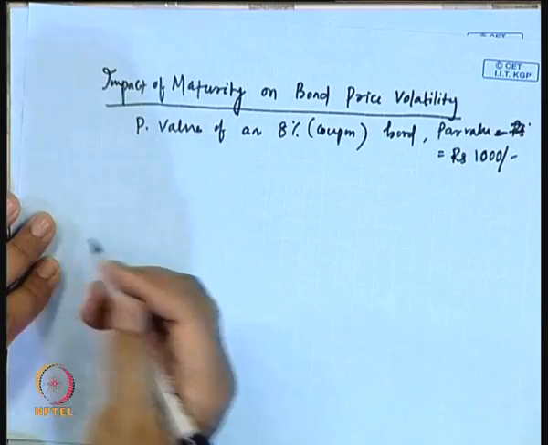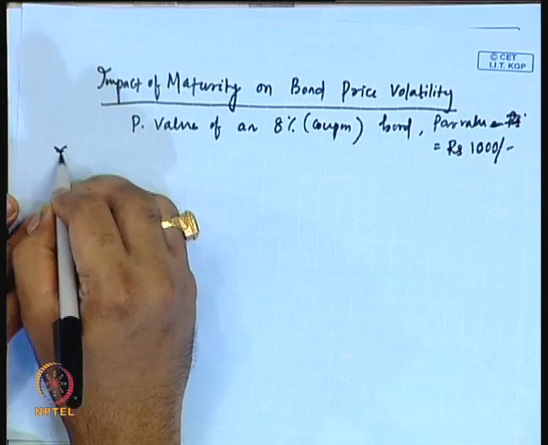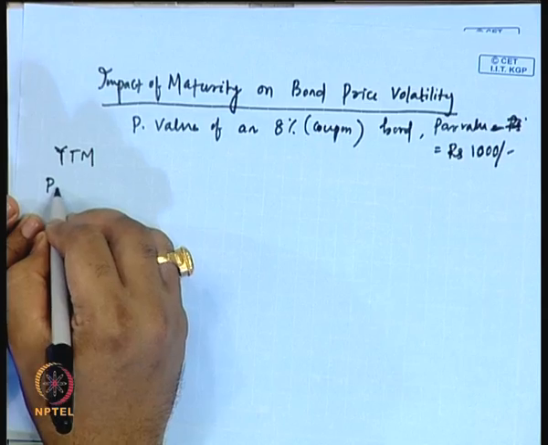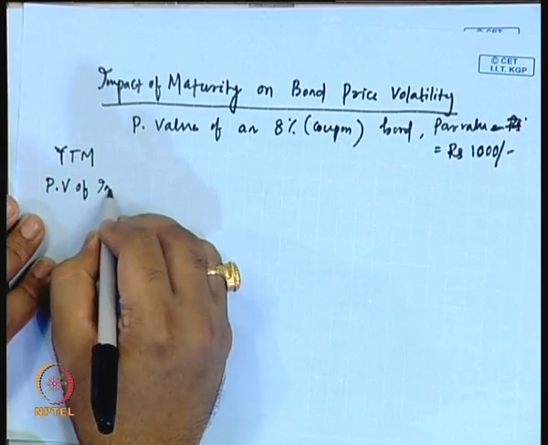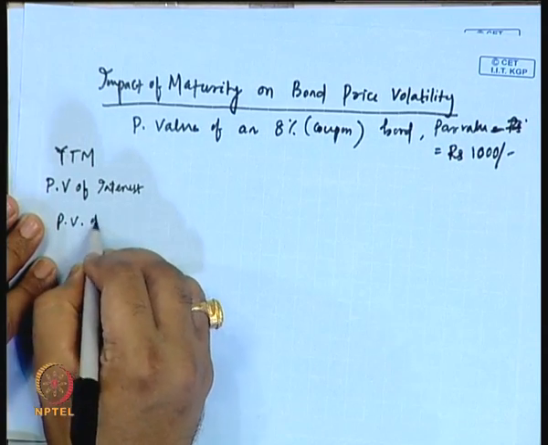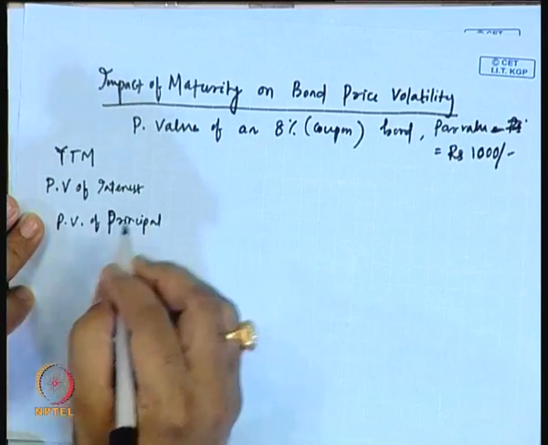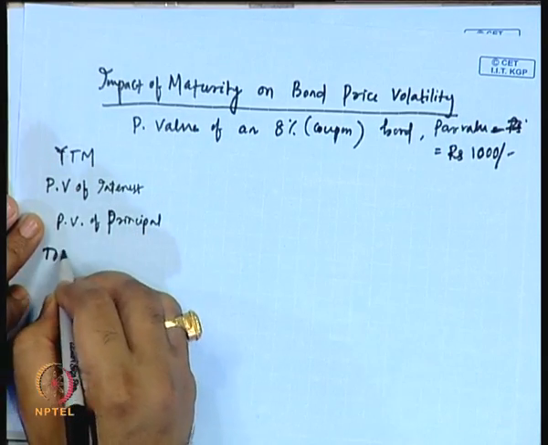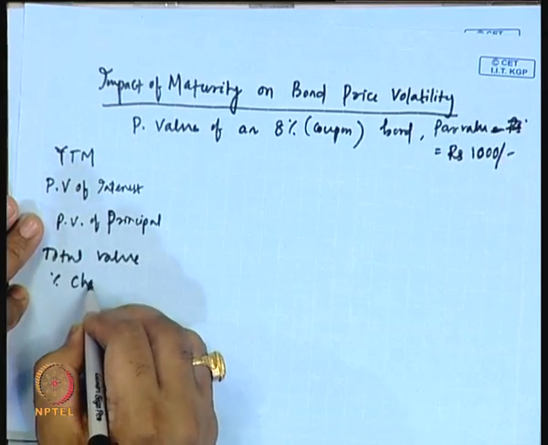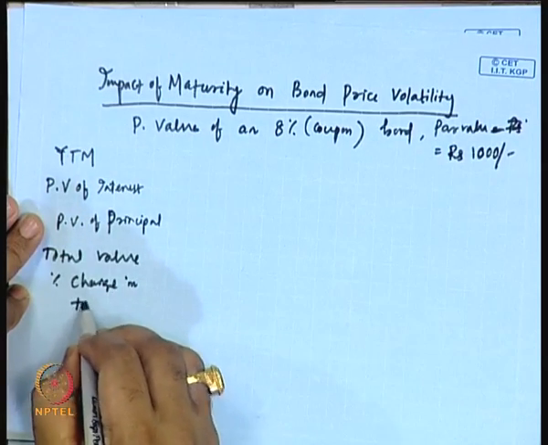Let this be the yield to maturity, this the PV of interest, this the PV of principal of the bond, this the total value, and this the percentage change in the total value of the bond.